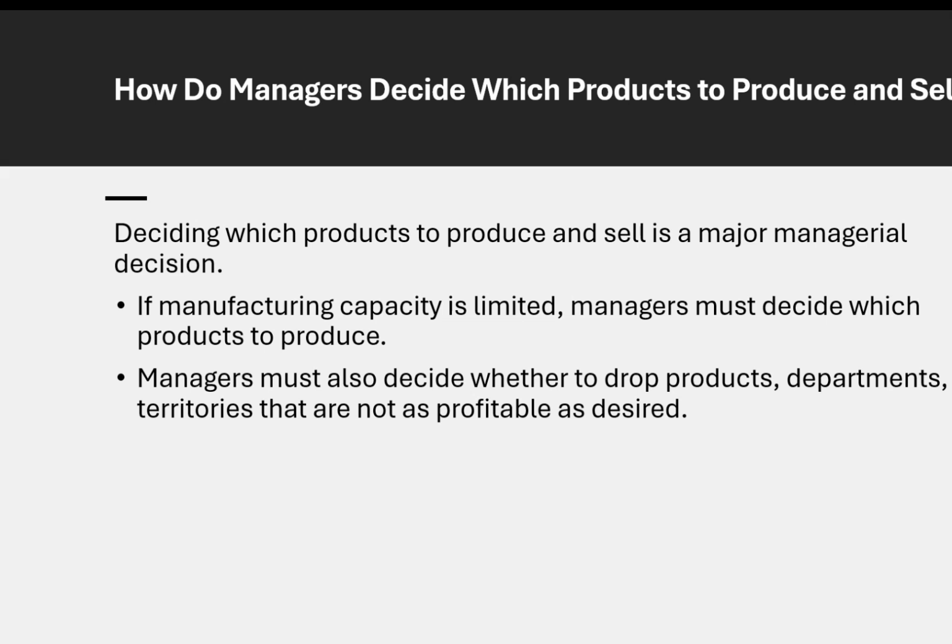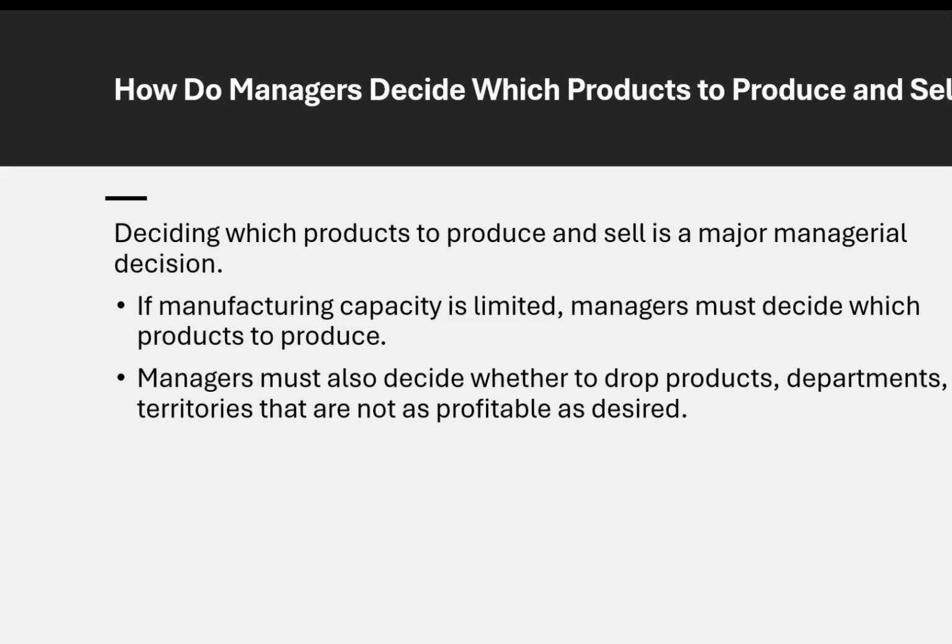If manufacturing capacity is limited, managers must decide which products to produce. If shelf space is limited in the stores, then managers must decide which products to display and sell.